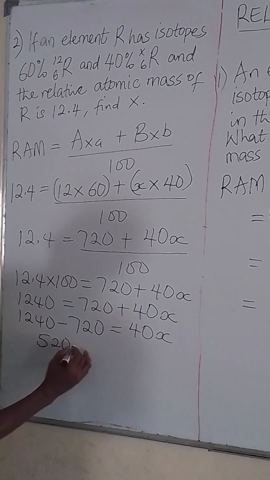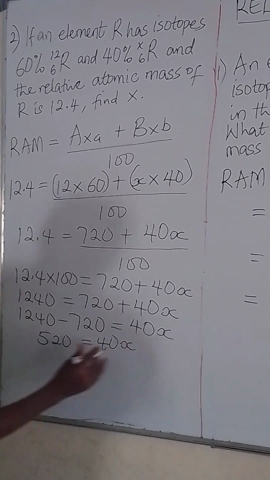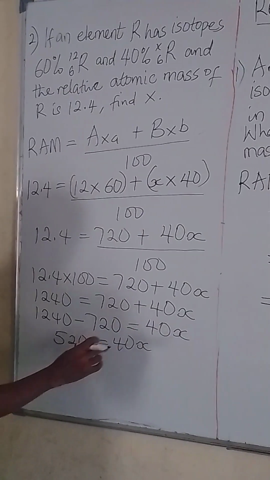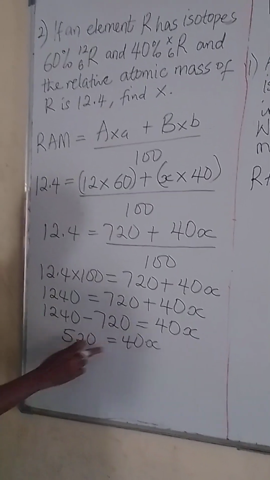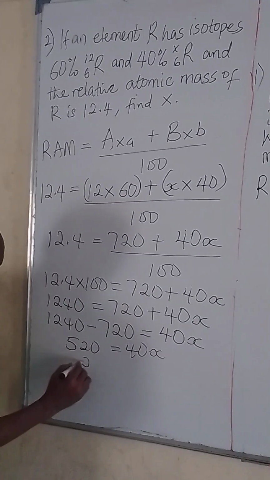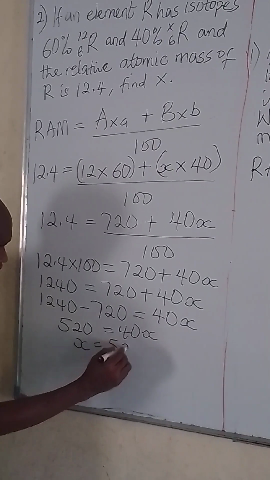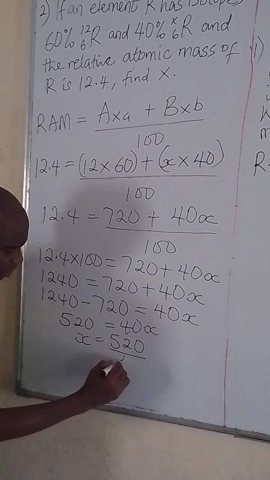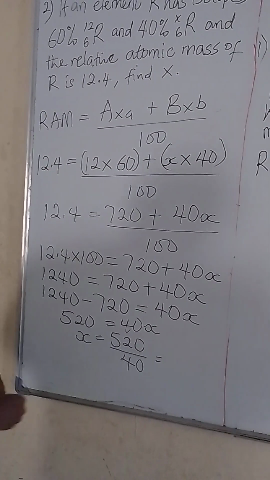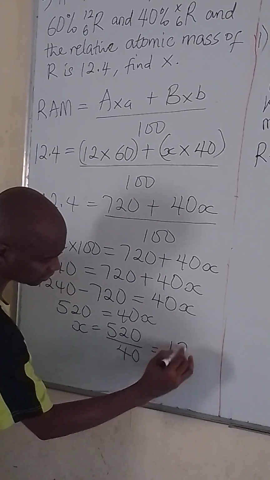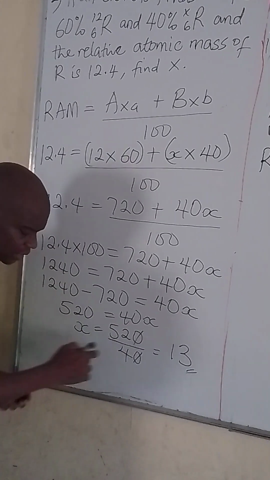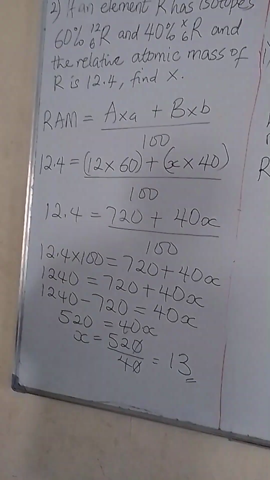This minus this will give us 520 equals to 40x. We are looking for x, so what do we do? We divide both sides by the coefficient of x, which is 40, and that will make x stand alone. So x is equal to 520 all over 40, and if you work this out, this will give us 13. 0 cancels 0, 52 divided by 4 gives us 13.